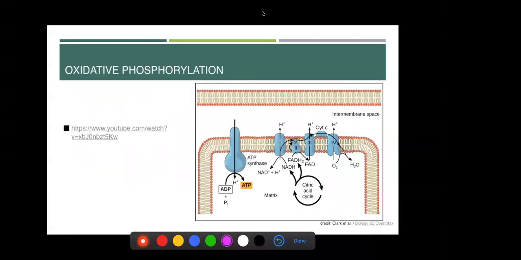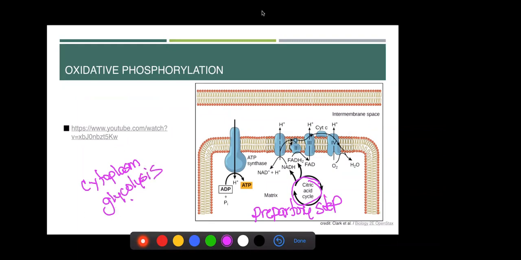Here's a picture of it all. I like this diagram because it's showing you the citric acid cycle in the matrix. We'd also have the preparatory or intermediate step in here. Right out here, in the cytoplasm, we would have glycolysis.